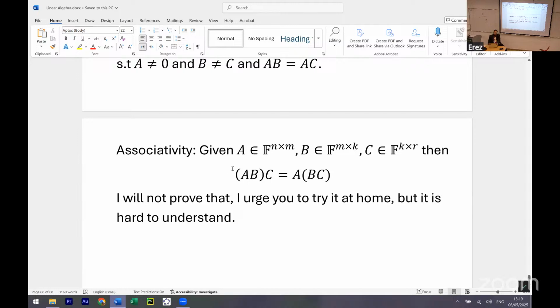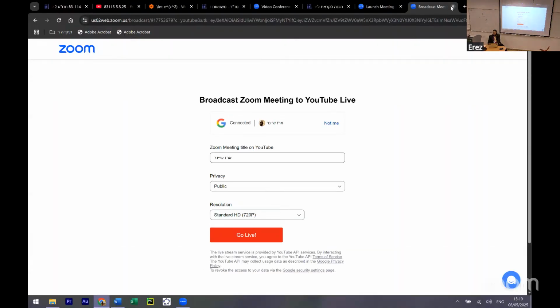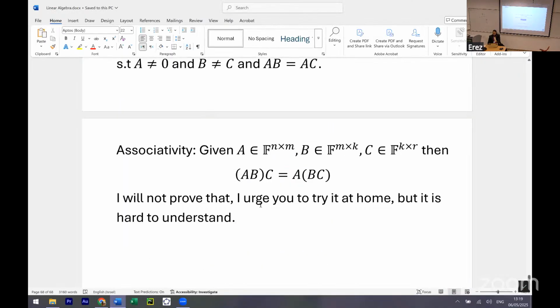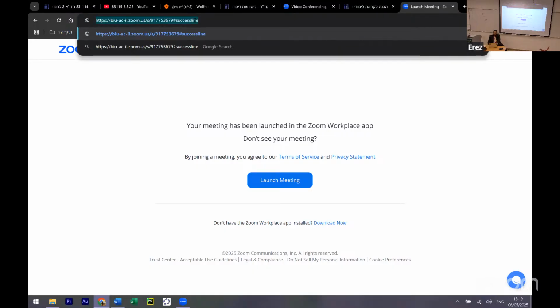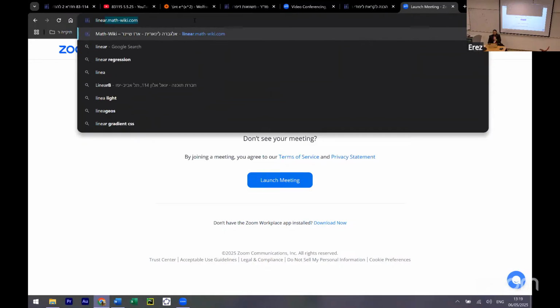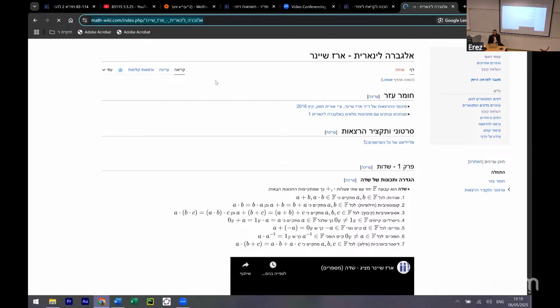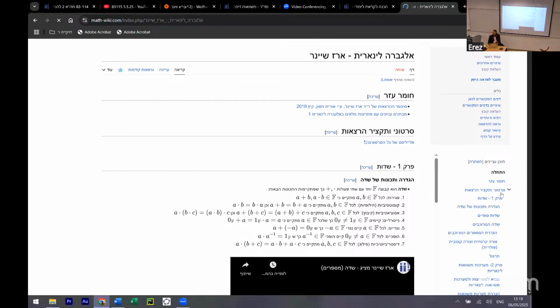You just need to prove that the element in the place ij of the left hand matrix equals the one to the right. Also, all of the proofs that I'm skipping are in this link in Hebrew, but maybe it's enough for some of you. I'll remind you that I think I talked about this page on the first day.